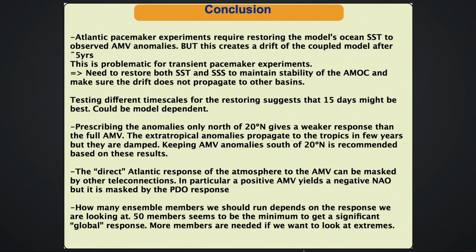What are the teleconnections from the other oceans? That is very interesting with respect to a fixed AMV pattern, but we need to keep in mind the interpretation. And then how many ensemble members we choose depends on what we're going to look at: variables, extremes, or mean response. But I would say that 50 members might be the minimum to get a significant global response. So thank you very much.